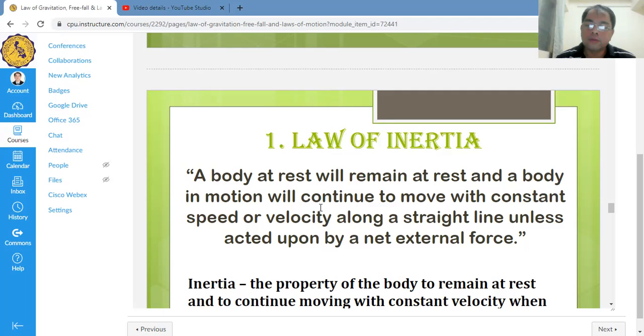It will cause the object to either stop moving, if it's already moving, or to increase its speed and change from rest to motion. That is when there's an unbalanced force. In this problem, the unbalanced force is also known as the net external force.